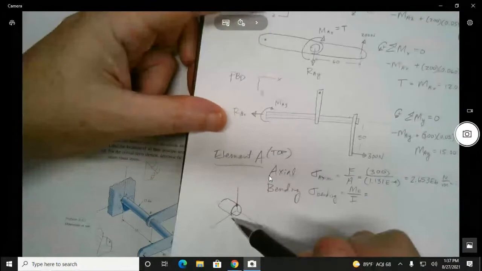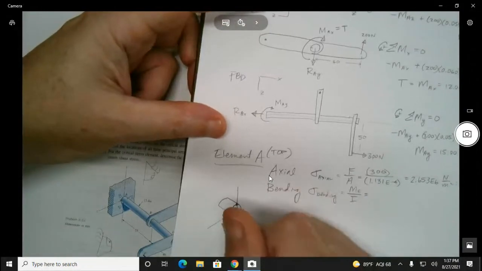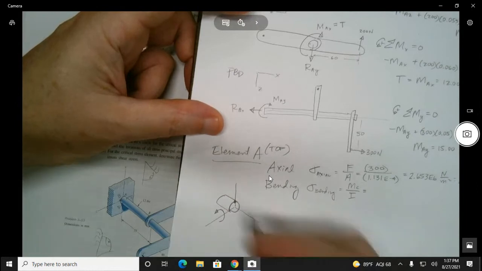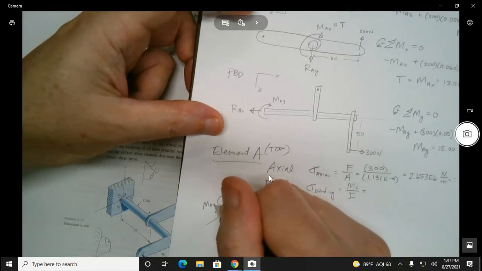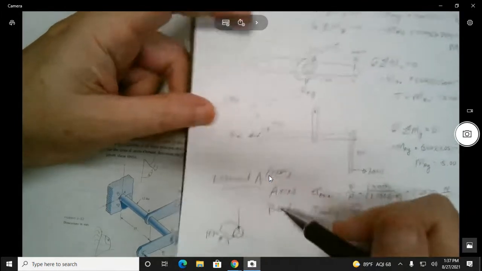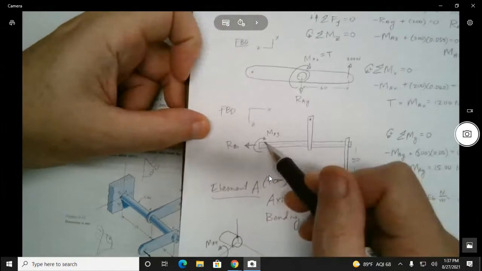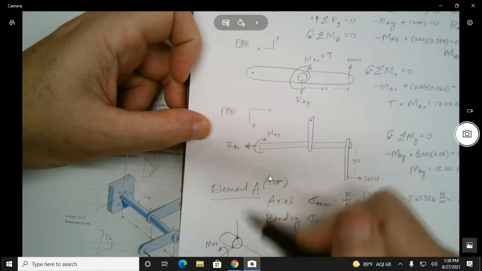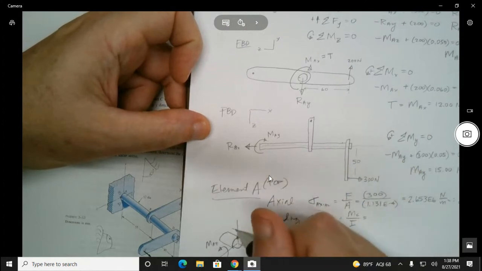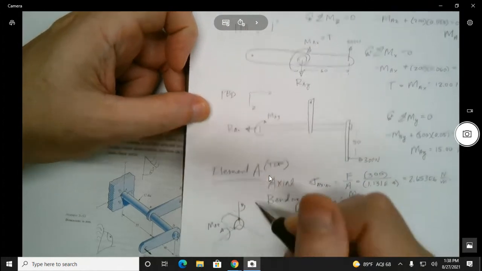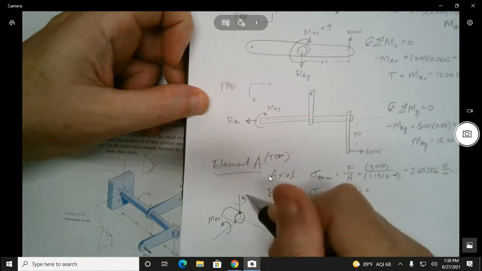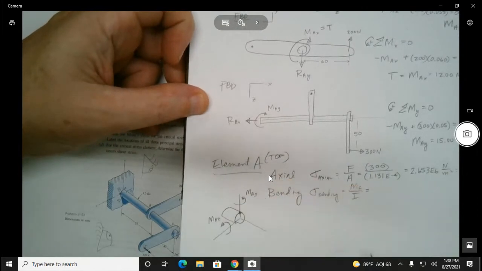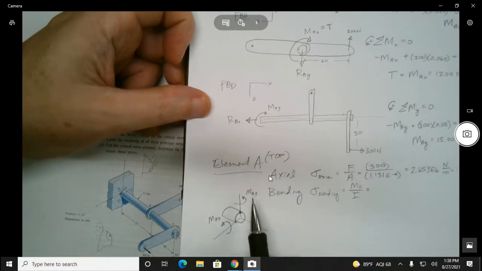So this one goes counterclockwise. Does that make sense? So this is the MAZ. And the same thing here. This one is going clockwise here. So this one's going to go counterclockwise, which is going to be that way. The MAY.